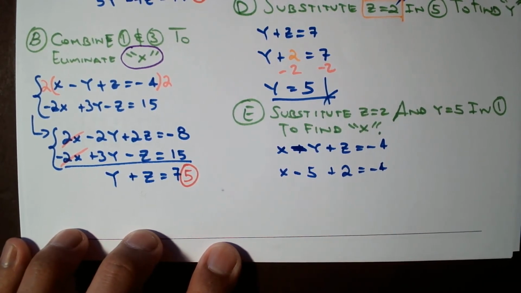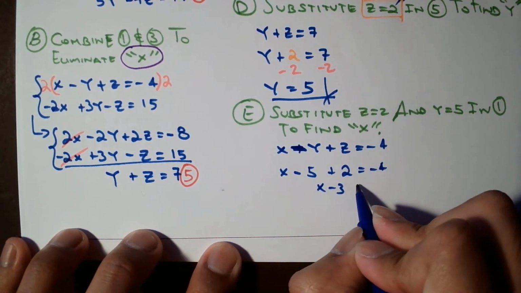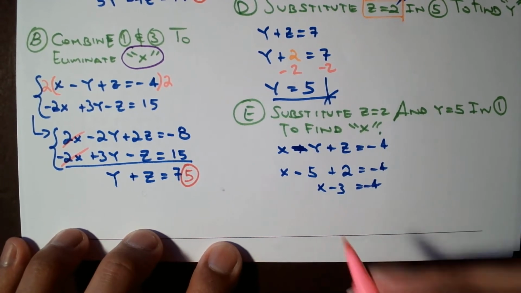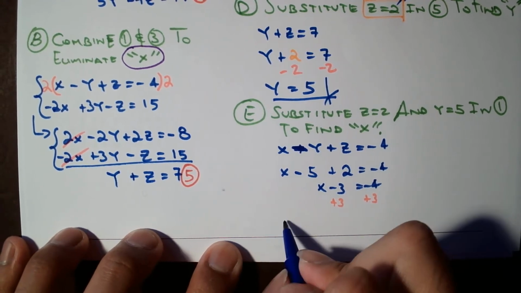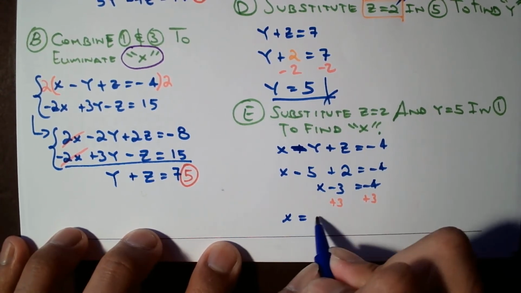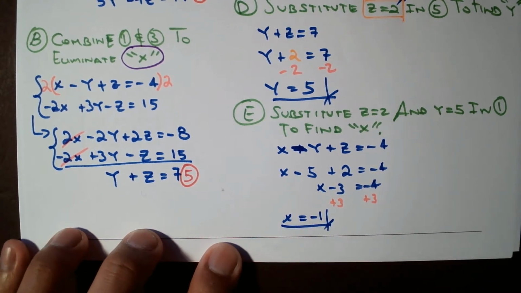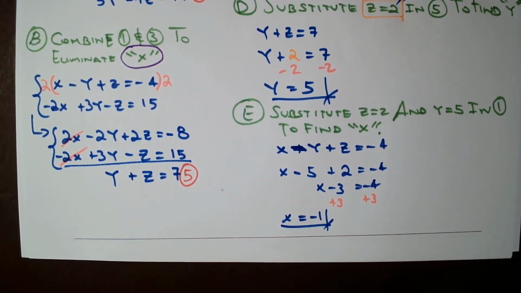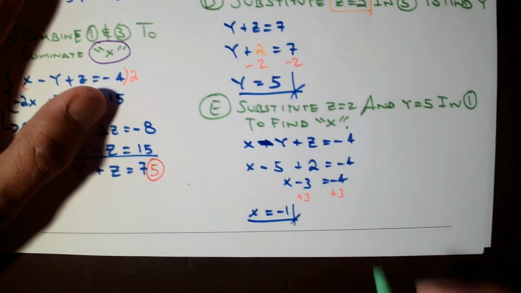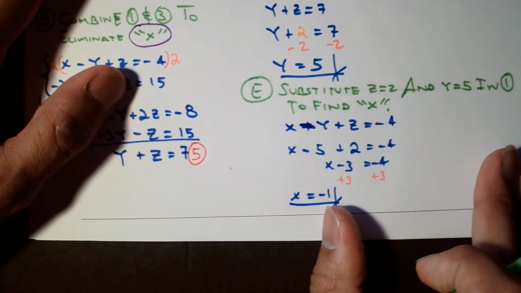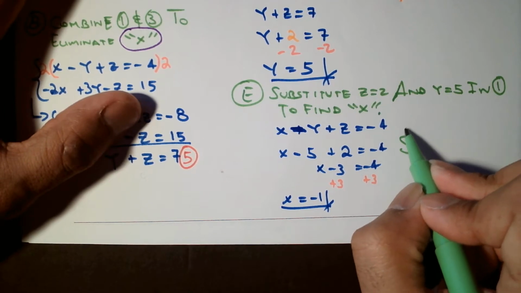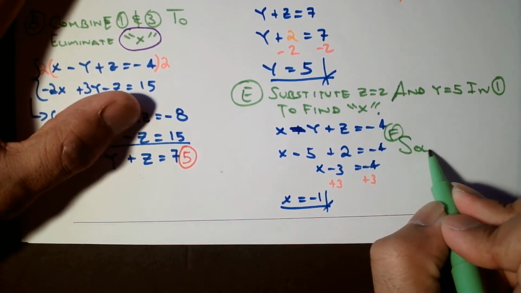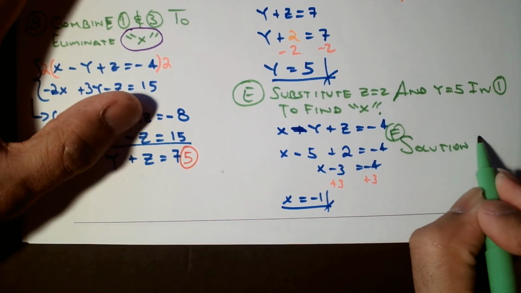Combining this together, we get x minus 3 equals -4, and add 3 to both sides to get x by itself, which in this case is x equals -1. All right, and as a final step, what you might want to do is write this solution set as an ordered triple. Okay, that's F. Solution set.